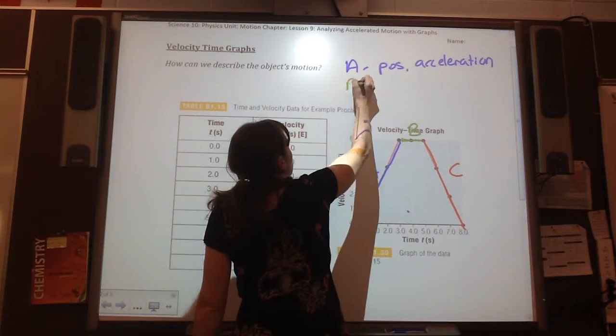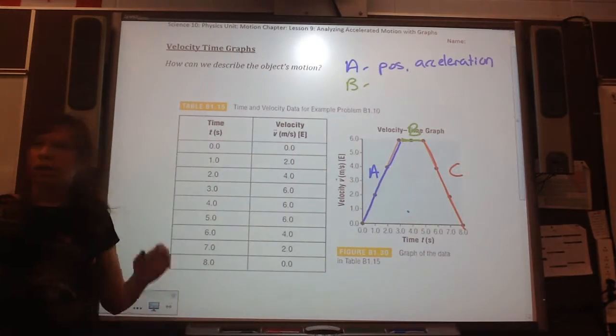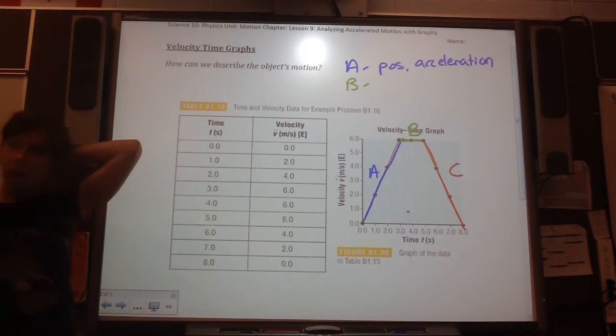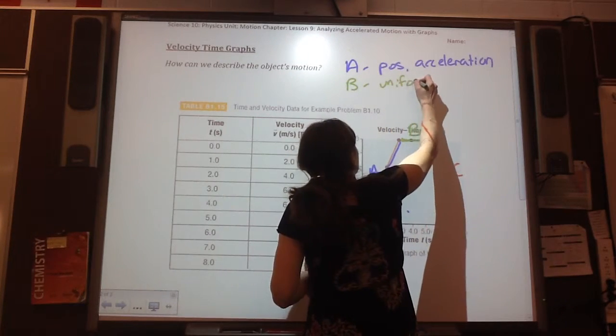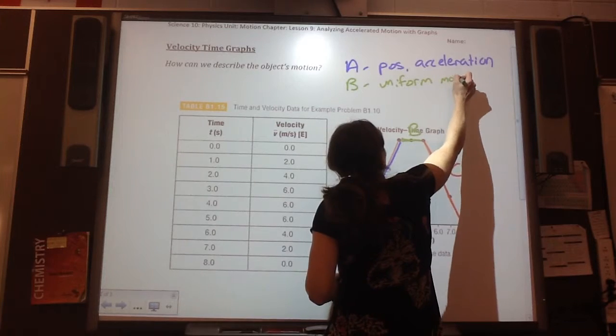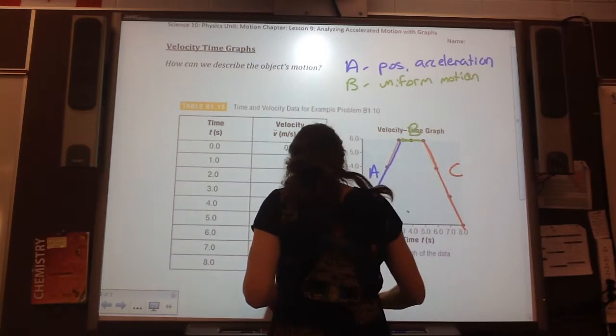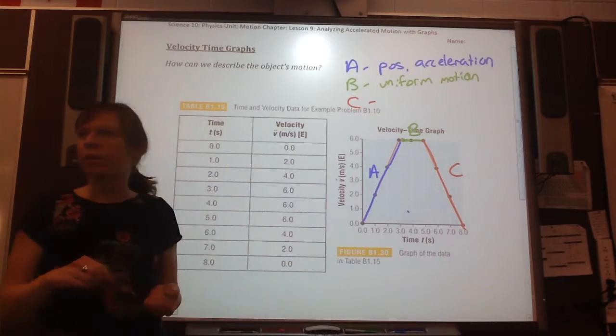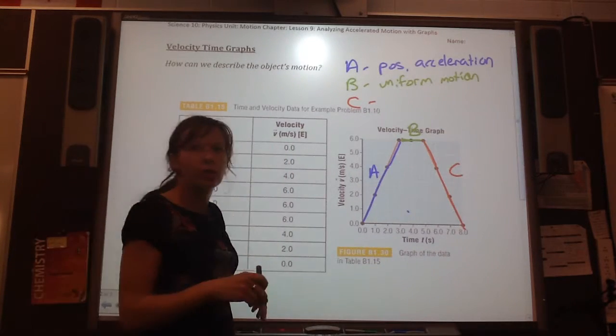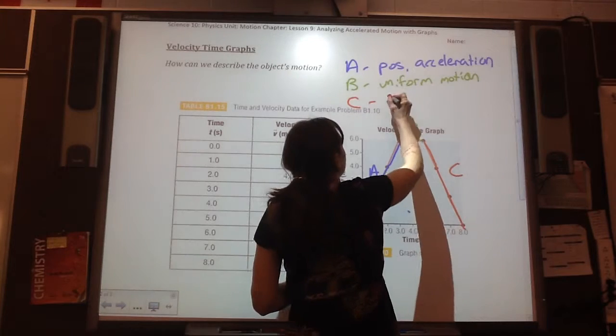What's happening at B? It's uniform motion. Very good. And what's happening at C? Negative acceleration. Negative acceleration because it's slowing down in the positive direction.